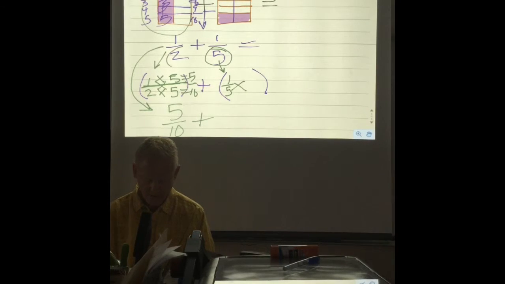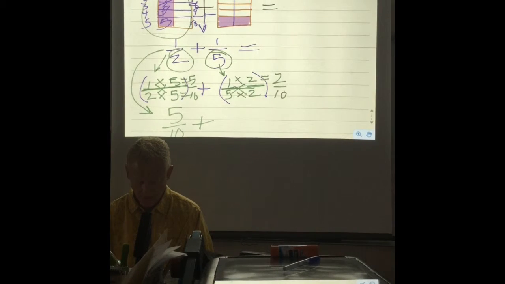And then I'm going to take my 2 and I'm going to put my 2 on the top and the 2 on the bottom. I'm going to multiply these straight across. So 1 times 2 is 2, and 5 times 2 is 10. So we have 2 over 10.